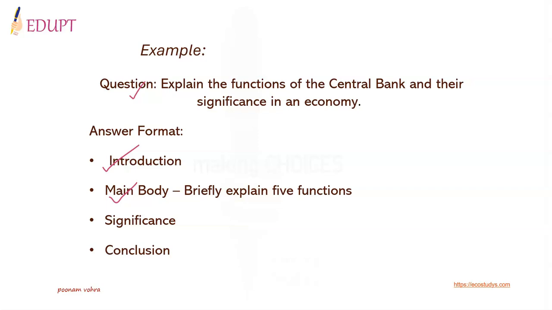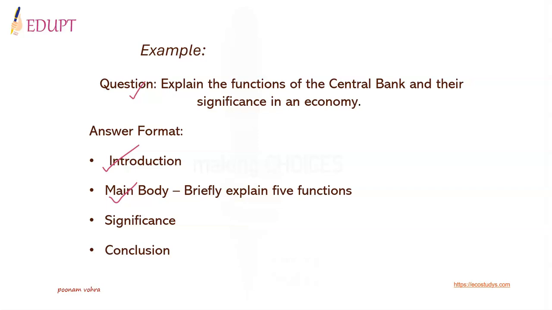That is, monetary policy implementation. The central bank controls money supply and credit by using instruments like CRR, SLR, repo rate. Second, it is an issuer of currency and has the sole authority to issue the nation's currency, ensuring public confidence and controlling inflation. 3.